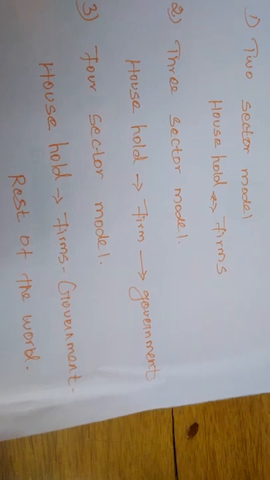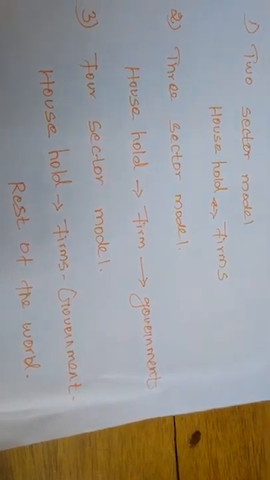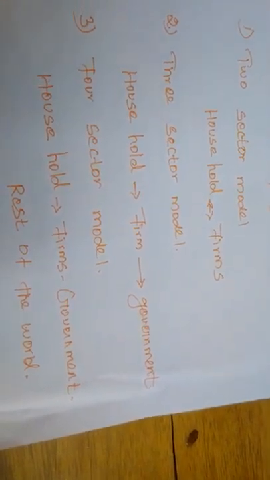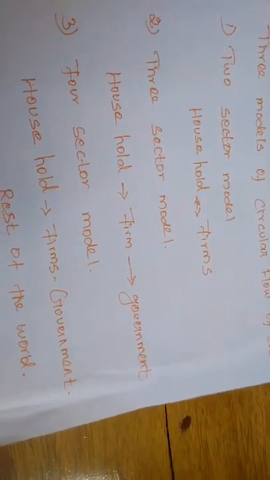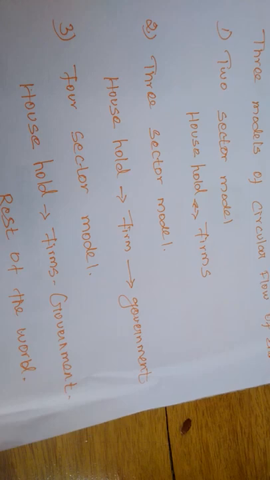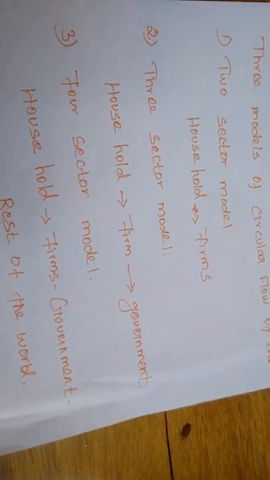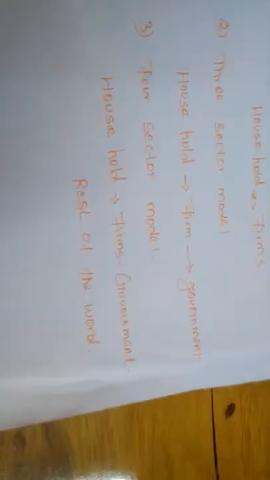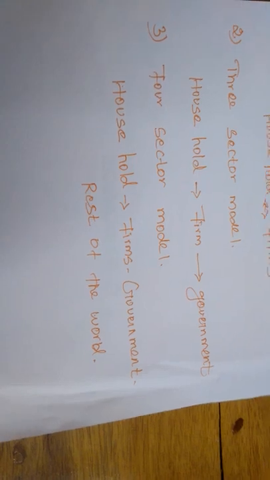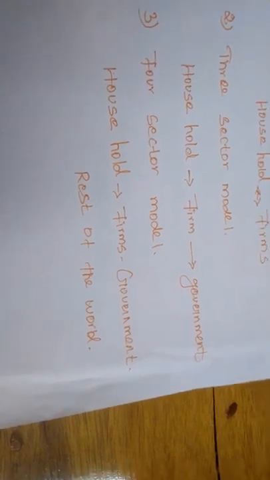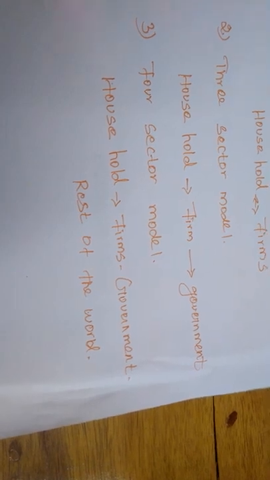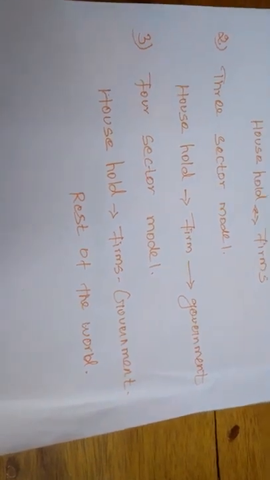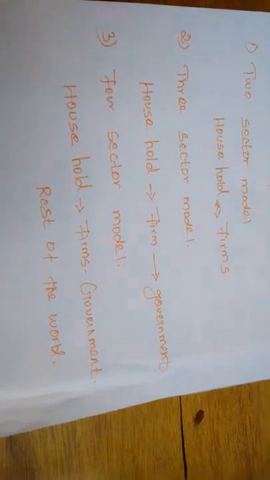Next, in the three sector model, in addition to the two sector model, one sector comes in: the government. Next is the four sector model. In addition to the three sector model, one sector is added, called the rest of the world, meaning all other nations.